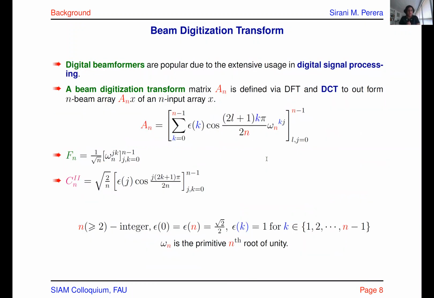Like I mentioned earlier, digital beamformers are popular due to their extensive usage in digital signal processing. So how do we define this beam digitization transform matrix using the DFT and DCT, because we identified that those are closed forms? Suppose you have an n-point input vector, and you hit it with the DFT matrix to produce n beams.